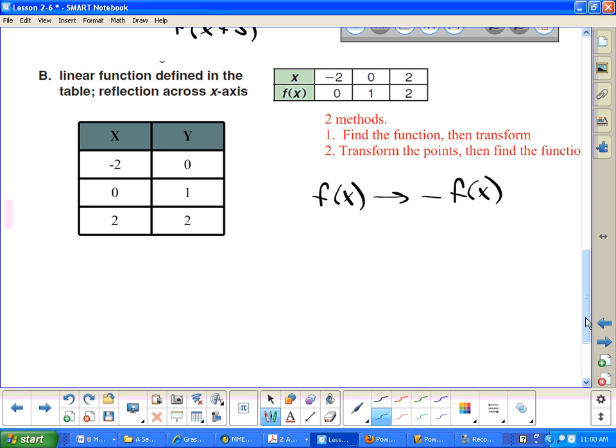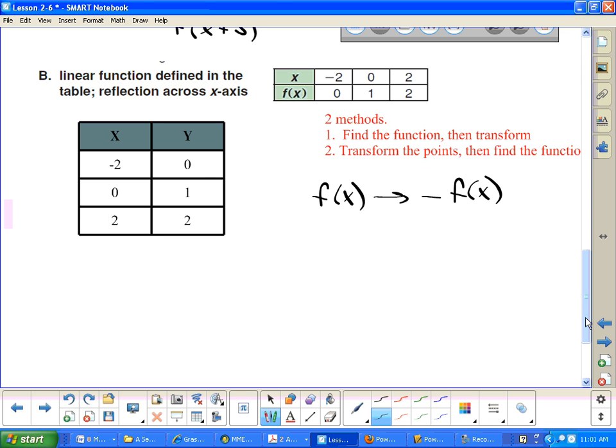So you can do two different ways. You can find the function, then transform it, or you could transform the points and then find the new function. It would actually be up to you. I would rather, in this case, since I know it's linear, transform the points first and then find the new function.